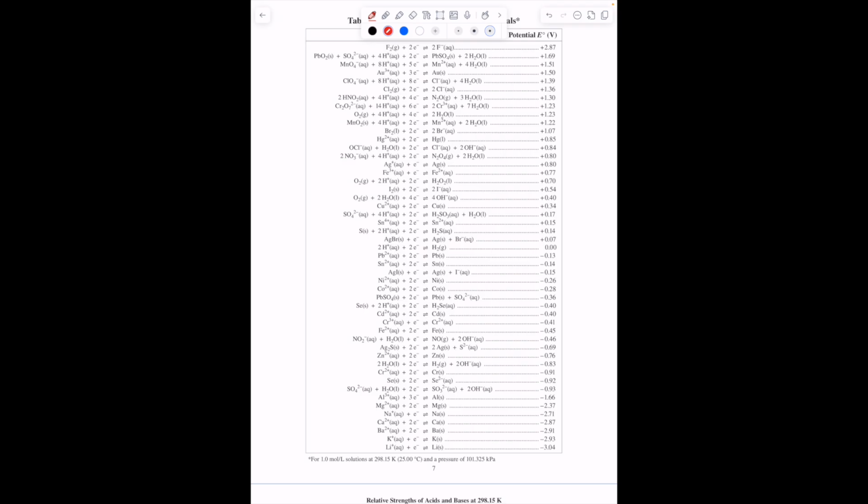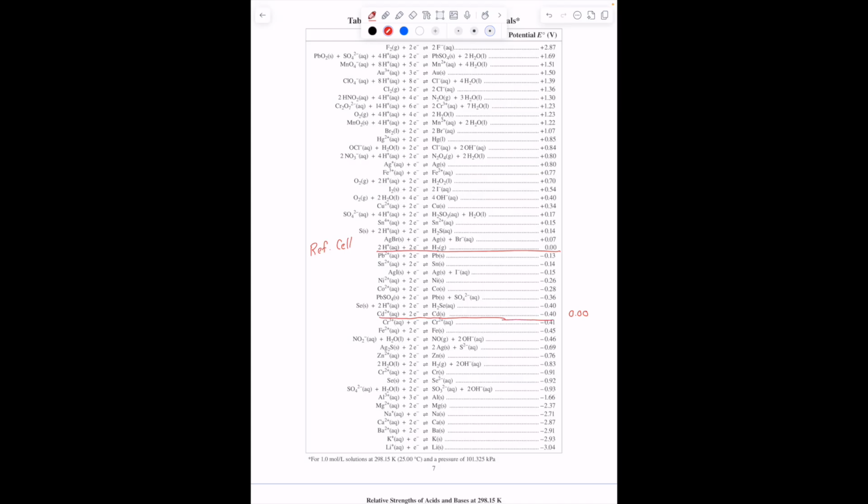This is called the reference cell, right? The hydrogen half cell. And that's 0. So they're saying that cadmium is the new reference cell. So where the heck is cadmium? There's cadmium. So this becomes 0.